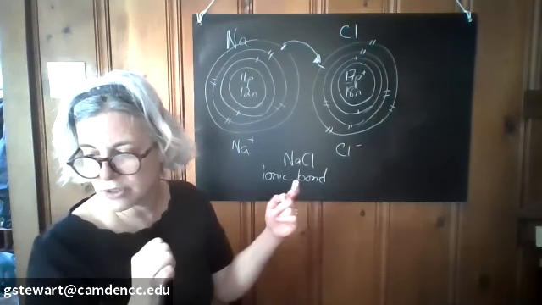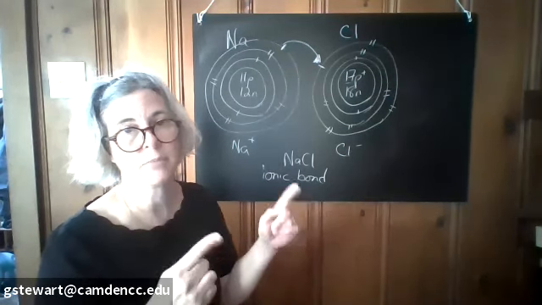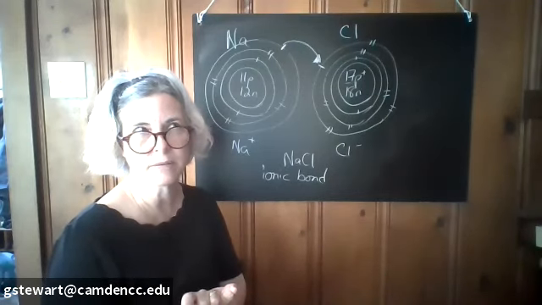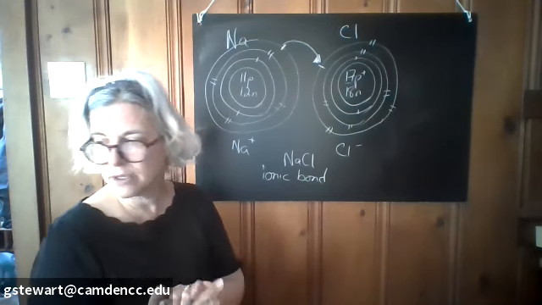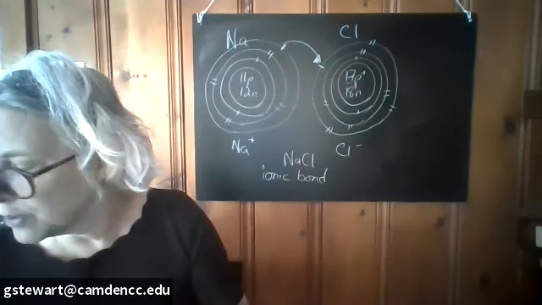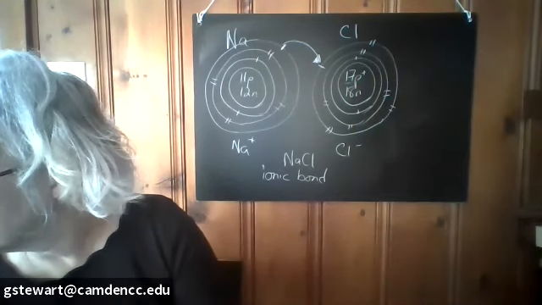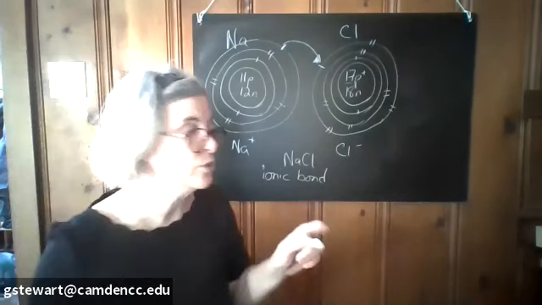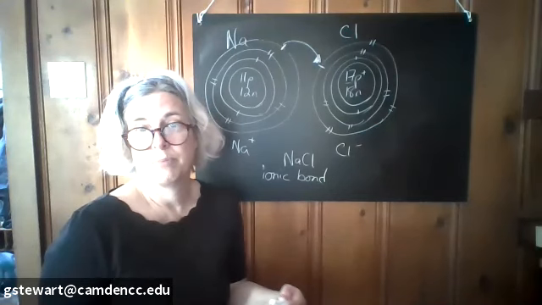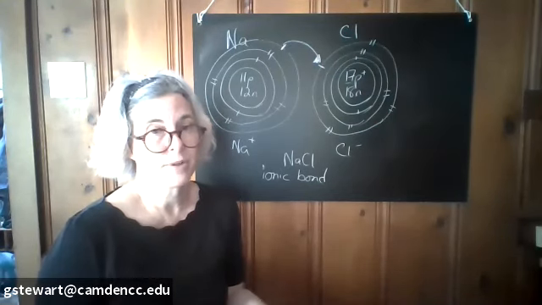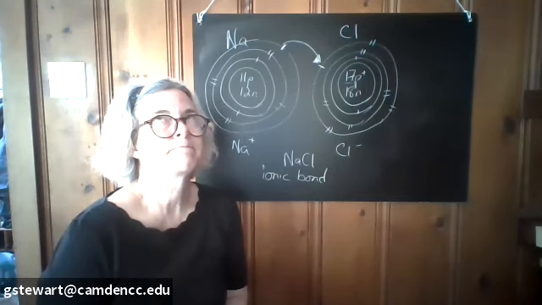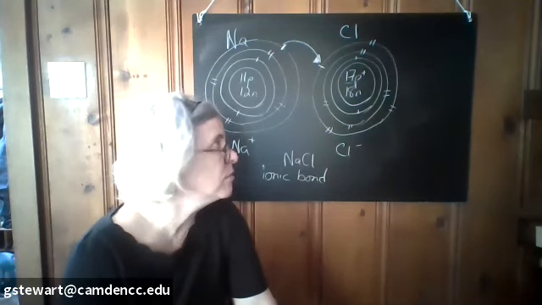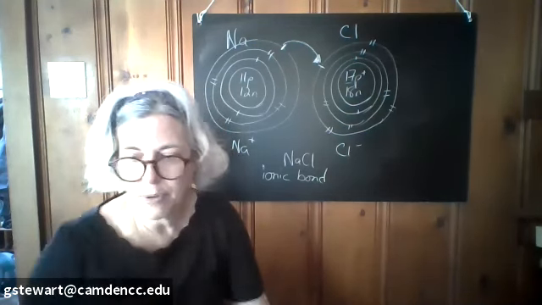So I'm going to draw a picture probably of water because it's a polar covalent bond, and maybe we'll do methane because that's an example of a non-polar covalent bond. You can see pictures of those. The non-polar covalent bond of methane is figure 2.10, and the polar covalent picture of water is going to be figure 2.11. These are really important, both of these, particularly the water, because we have a whole chapter 3 about water, which we won't have time for today, but we'll talk about tomorrow. And all the properties of water are based on that polar covalent bond.